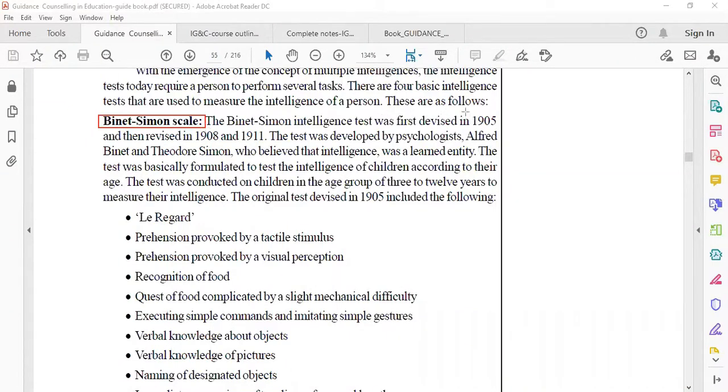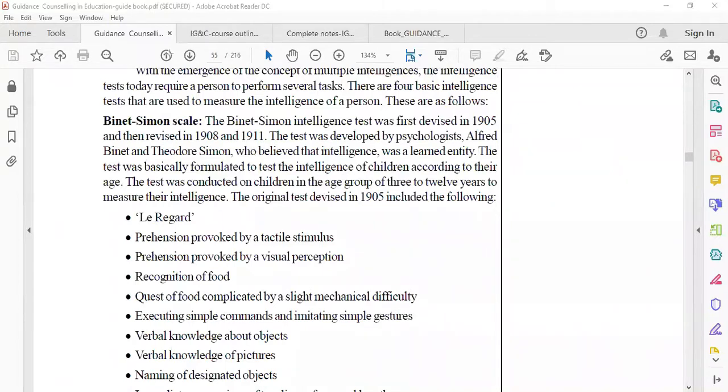They developed a test and it was revised later on, and this test is called the Binet-Simon scale, and this is basically a test to measure the intelligence of people with very much accuracy. Now there are other tests also in use. There is a list of tests, but the oldest, most famous one to measure the intelligence of a person is the Binet-Simon scale.